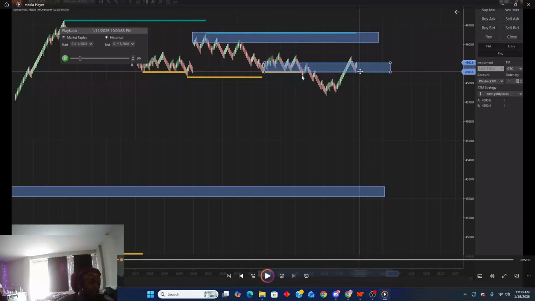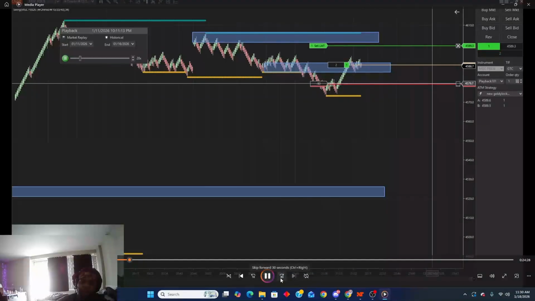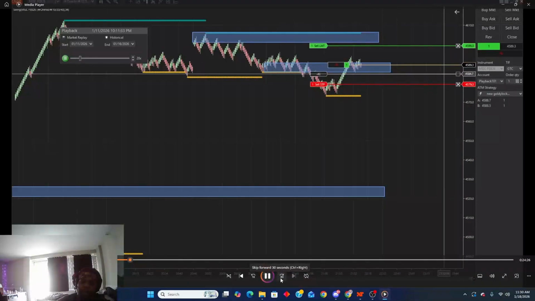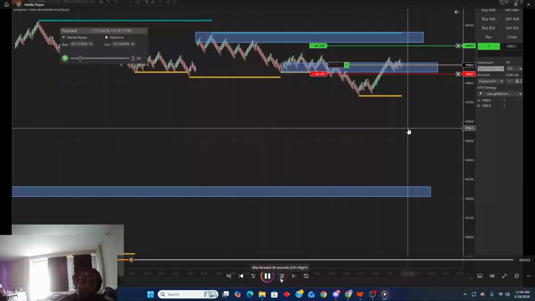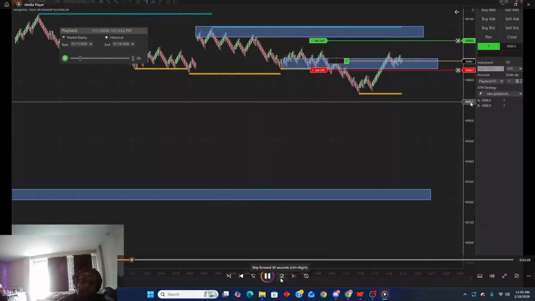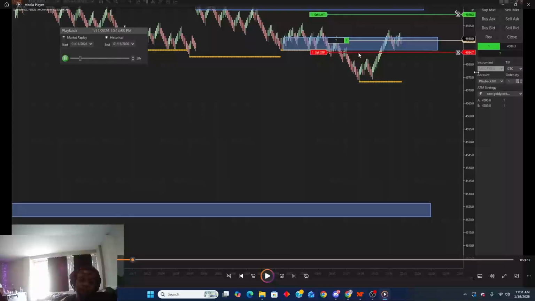It is, but I normally just need to wait for a retest or wait for something plausible to happen. So look, I tried to take a buy because I thought price would have bounced off of here and continued shooting up.